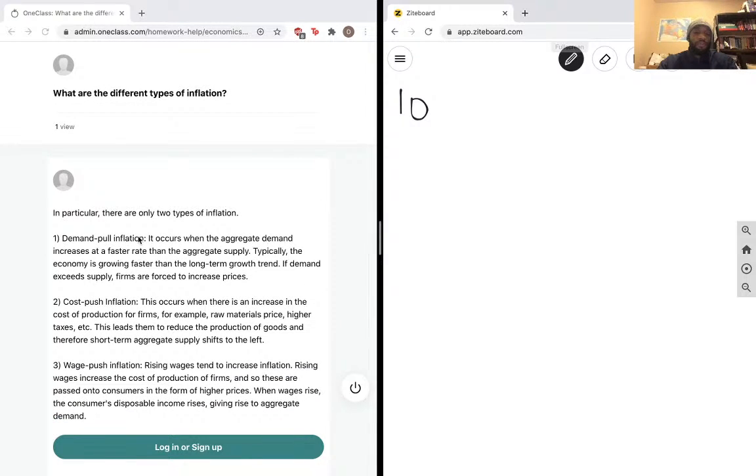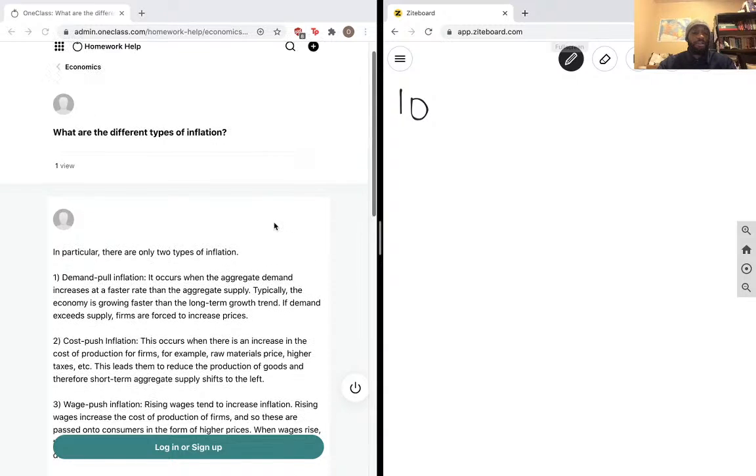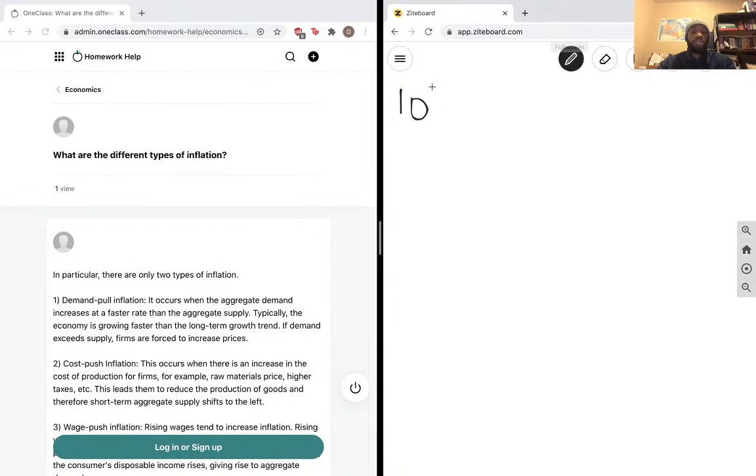There's demand pull inflation, which occurs when aggregate demand increases at a faster rate than aggregate supply. Typically, the economy grows faster than the long-term growth trend. If demand exceeds supply, firms are forced to increase prices. So that would be inflation, an increase in prices due to excess demand.